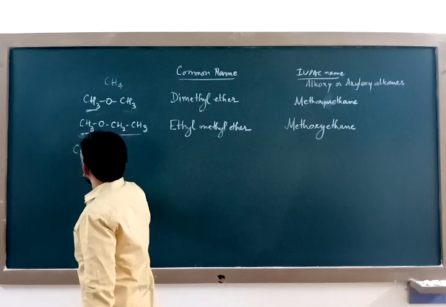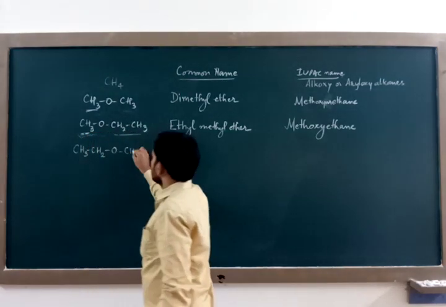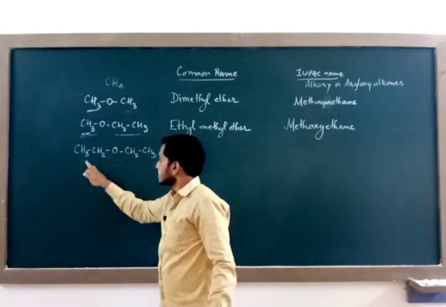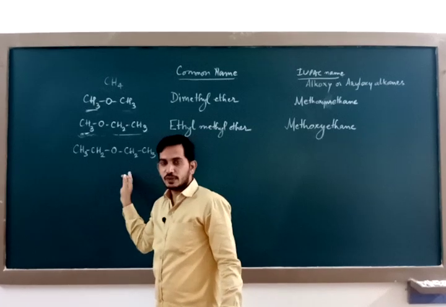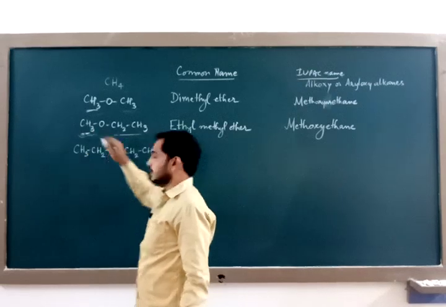Another case, CH3CH2OCH2CH3. Now in this case, on either side of the oxygen atom the same groups are there. So it is an example of a simple ether. The second one was a mixed ether.